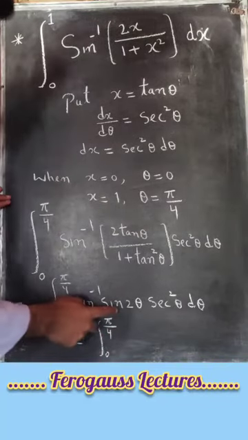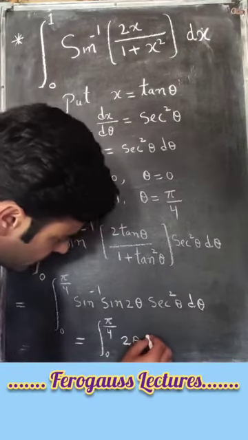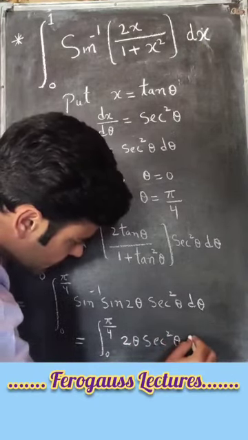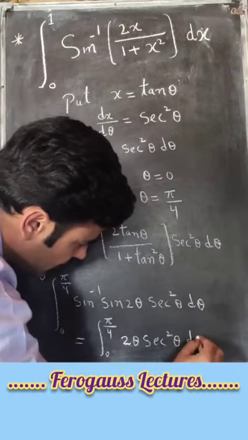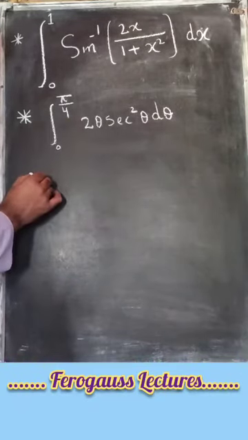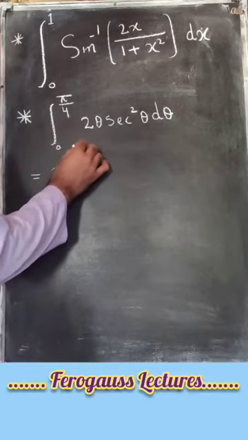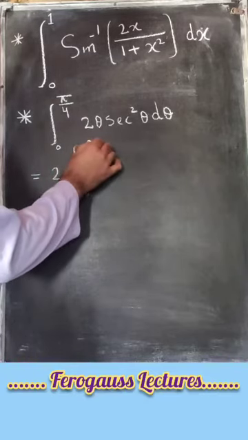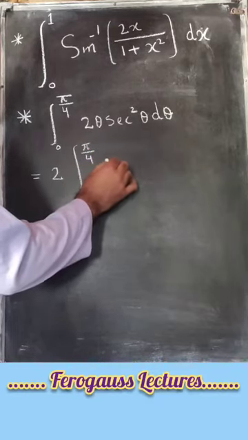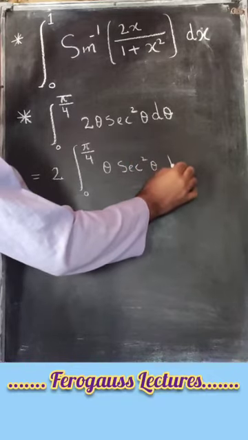Now this is sine inverse sine of 2 theta, that is equal to 2 theta. Then we have secant square theta d theta. Okay? Now this is further equal to, 2 is constant, we can write 2 here. Then 0 to pi by 4 theta into secant square theta d theta.